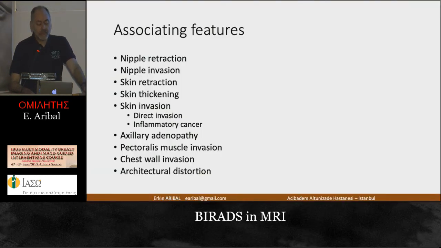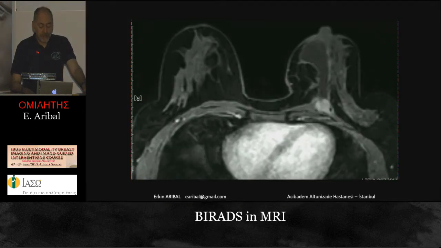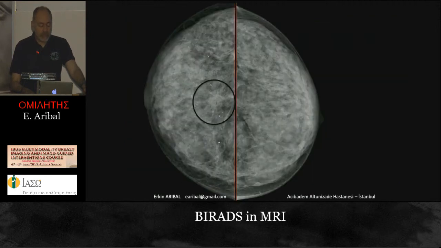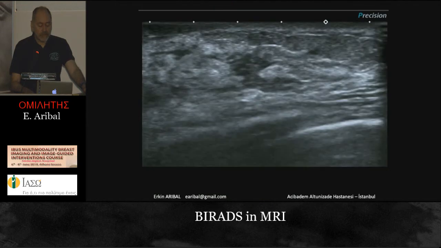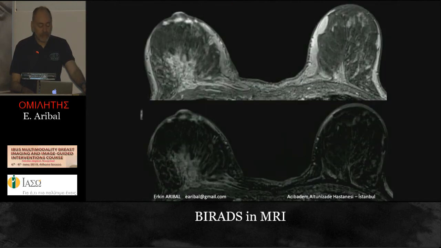And also, you should report the associated features. I will pass these fast because they were very well defined before me, or they are almost the same as the mammography and ultrasound features. And this is a case where the pectoralis muscle is invaded. And this is a case of lobular cancer I showed you yesterday.